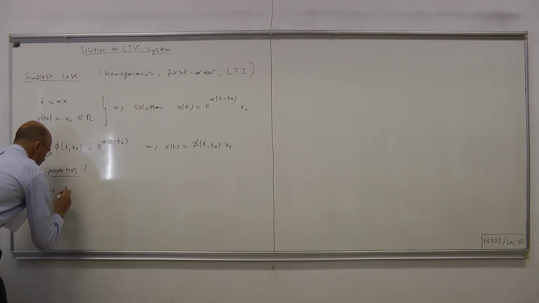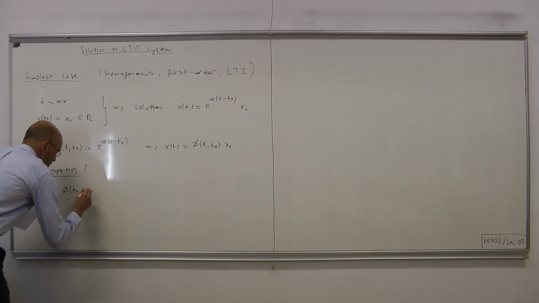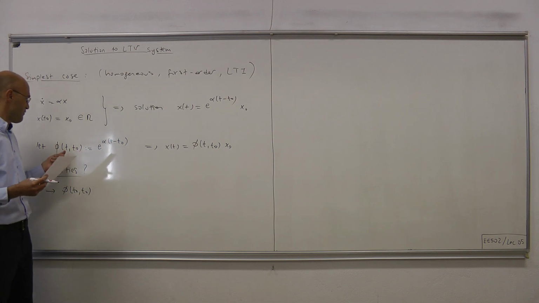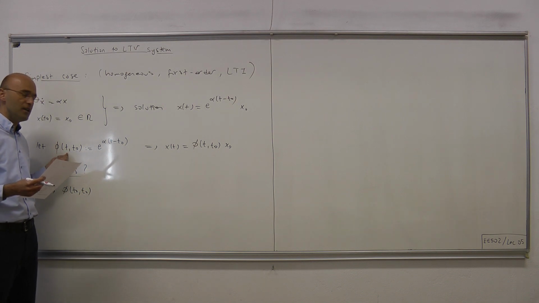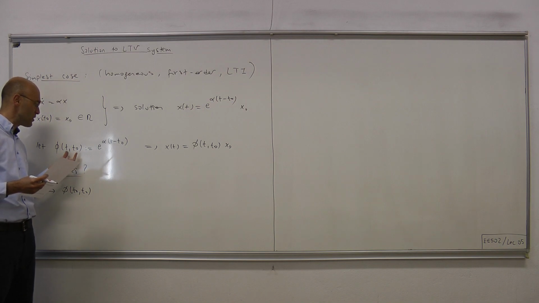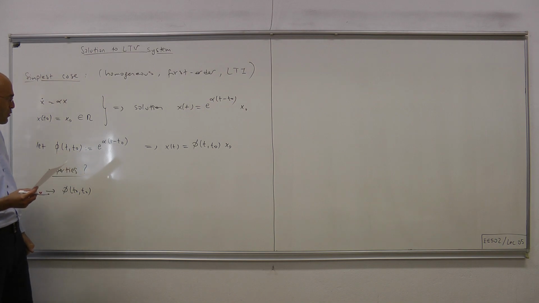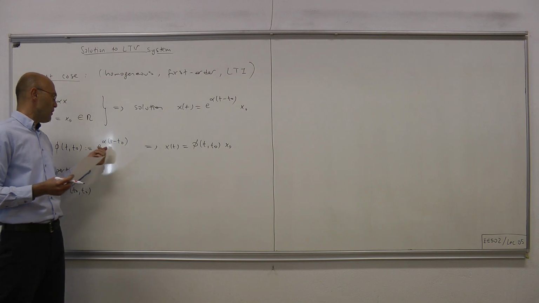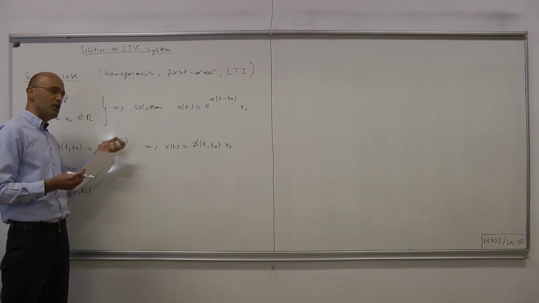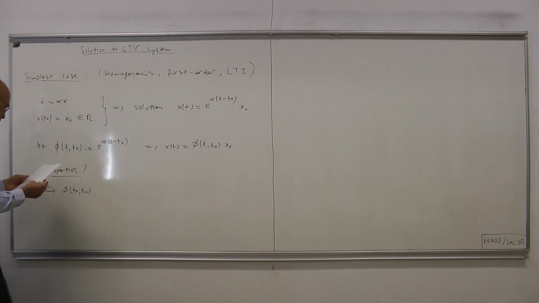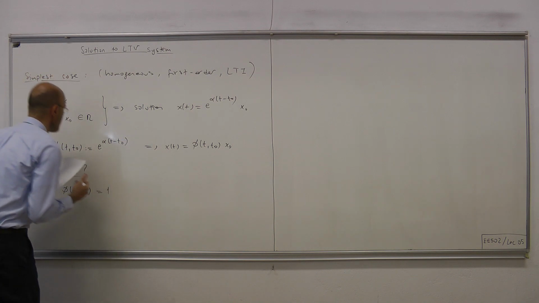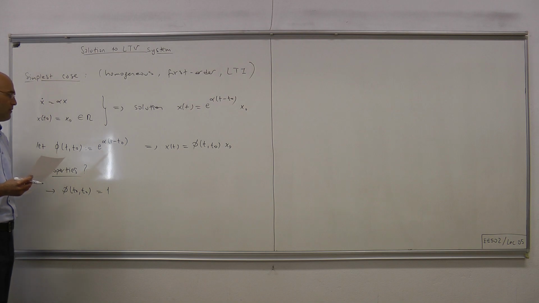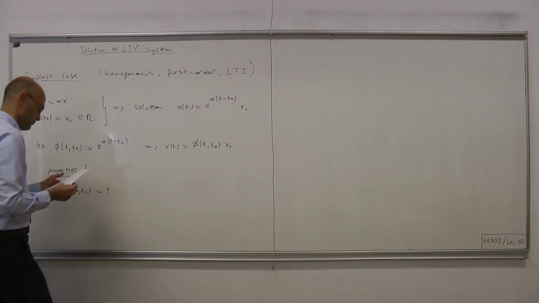First of all, phi of t0, t0. If for this function you plug in t equals t0, that is, if both arguments of this function are equal, then we have t0 minus t0, 0, and regardless of alpha, we have e to the 0, which is 1. So this equals 1 for all alphas.